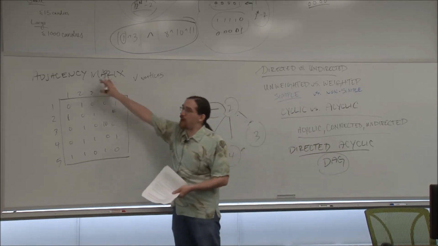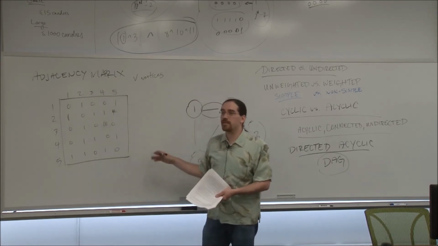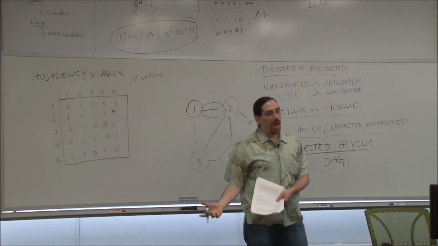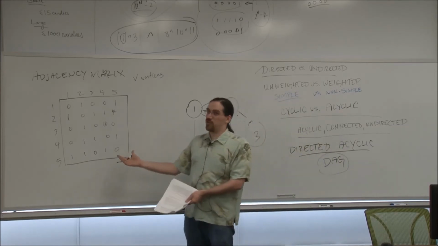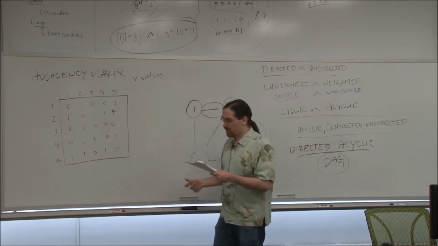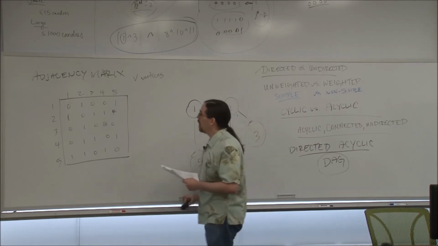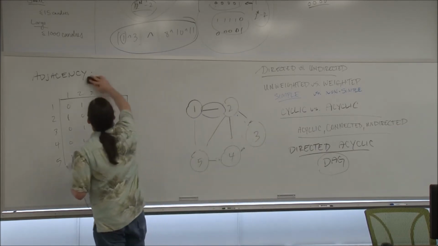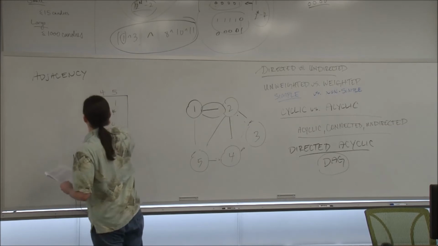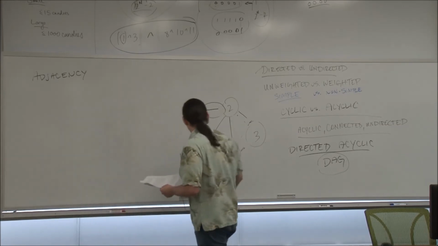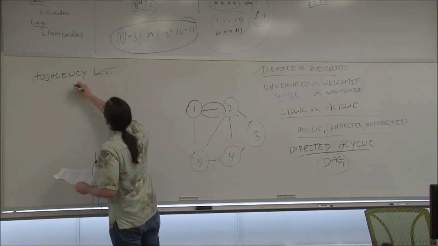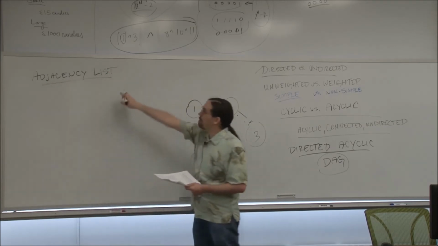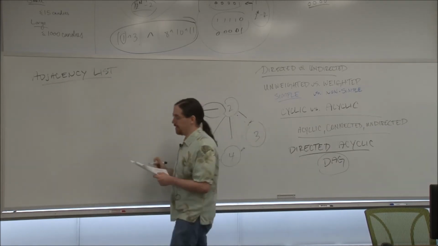And so because we're allocating v squared space for a large sparse graph, most of those elements are going to be zeros. And it's really just wasted space. So the best way to do it, almost always, if you're not using an adjacency list, you should have a good reason why not, is, again, an adjacency list.